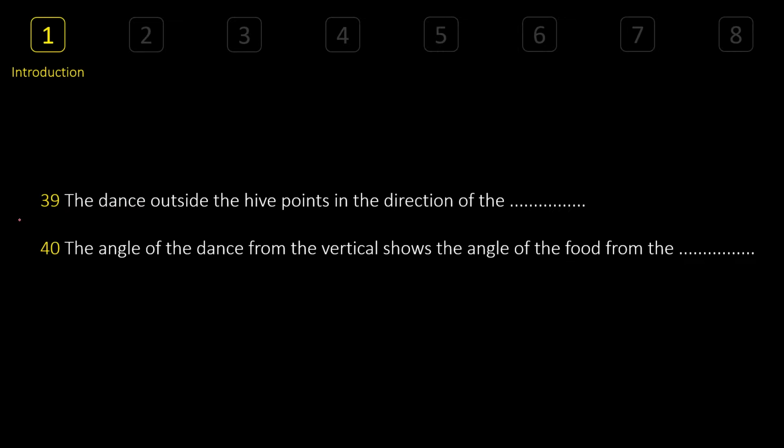See, here we have questions number 39 and 40. The dance outside the hive points in the direction of the blank. So this is one question, one blank itself. It is not connected to the next blank. Single sentence, no connection, is this type, sentence completion.